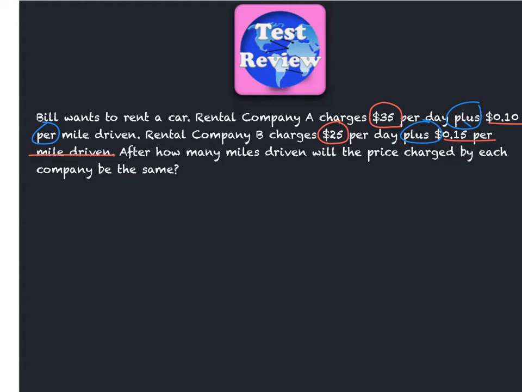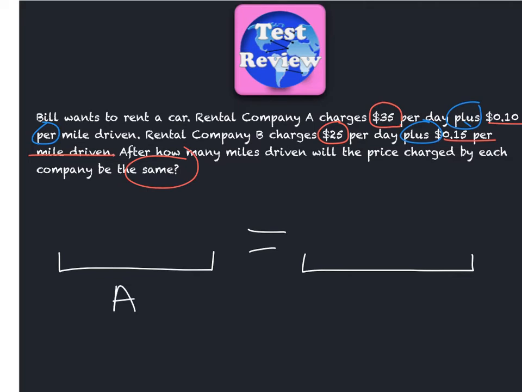So the same, equivalent, that's the definition of an equation. An equation is when we have two expressions that are equivalent, that are equal. So we want company A to be equivalent to company B. That's what we're looking for. When are they going to be equivalent?